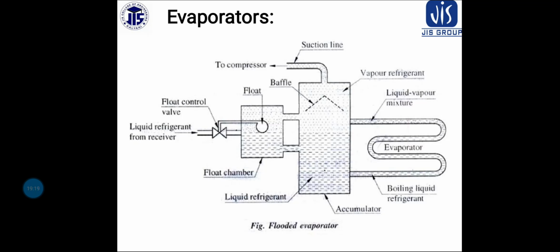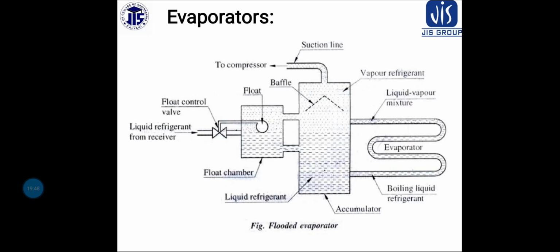As a result, the evaporator is always filled with liquid to the level determined by the float adjustment, and the inside surface is wetted with the liquid. Thus this type is called a flooded evaporator.